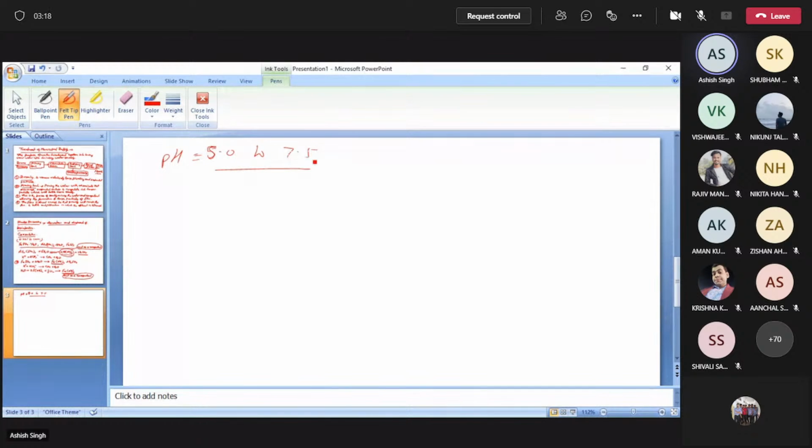And why is the maximum pH 7.5? If the pH is greater than 7.5, aluminum sulfate forms aluminate. This is one of the reasons. If the pH is higher, near about 8, aluminum hydroxide forms sodium aluminate.